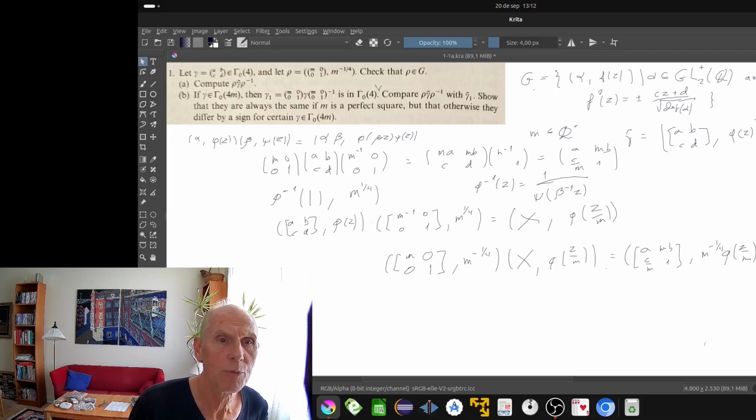I've actually computed this, and then that should be gamma 1 tilde. Oh, we actually haven't found the functions belonging to this guy.